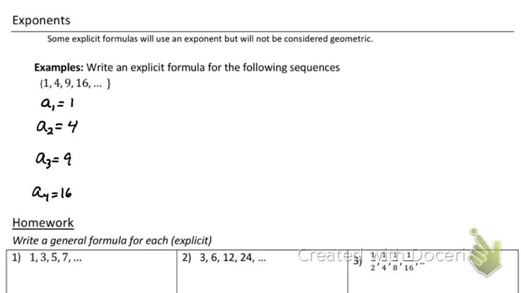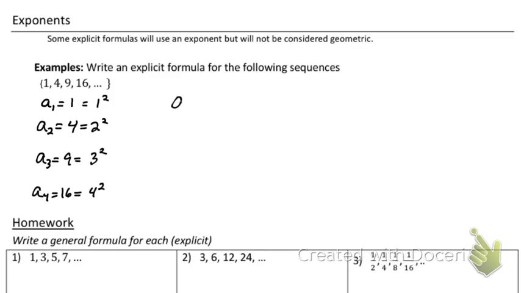Well, 1 becomes 1, 2 becomes 4, 3 becomes 9, and 4 becomes 16. What am I doing to all of those numbers? Yeah, I'm squaring them all. So if we look at that, 1 is actually just 1 squared. 4 is 2 squared. 9 is 3 squared. And 16 is 4 squared.